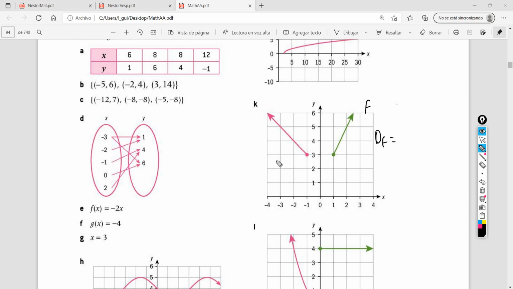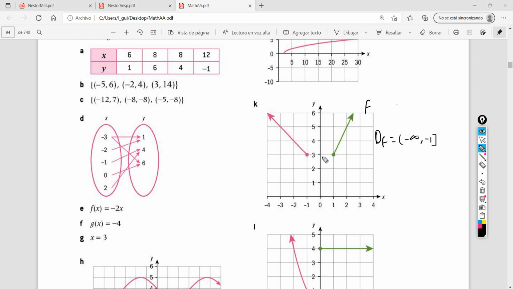You need to check basically over what values of x you actually have a graph above or below. From minus infinity to minus 1, including minus 1, you have function. Therefore, that's part of the domain. But you also have this jump.